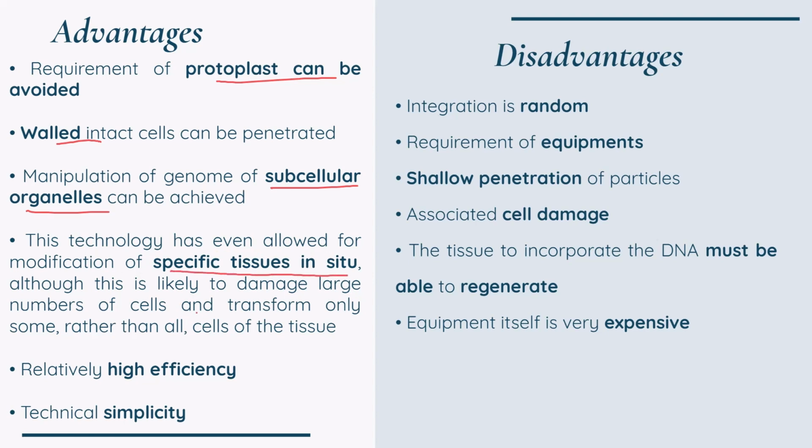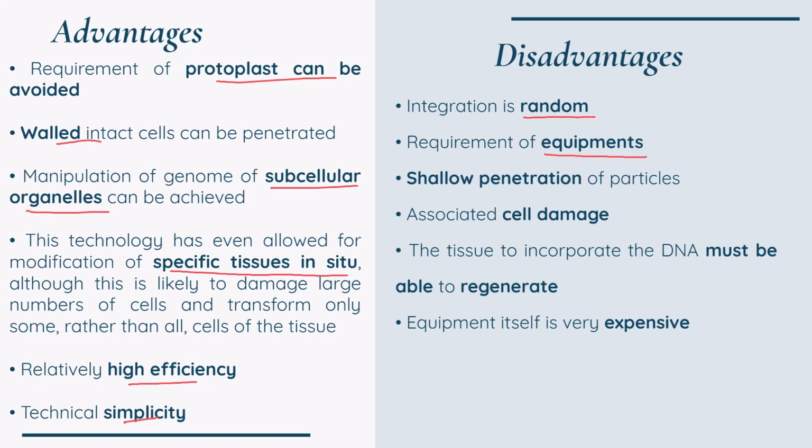I told you the Helios gene gun can be used for in situ transfers, and it has very high efficiency. It is like just shooting a gun. The disadvantage is that it is random and it requires equipment, as we saw with the Helios gene gun or the PDS 1000.